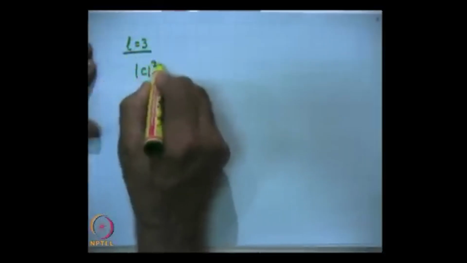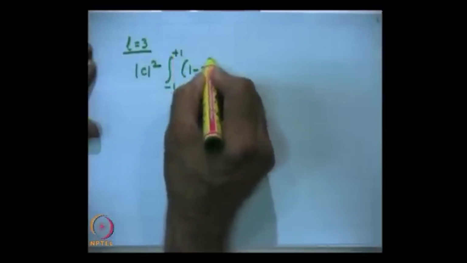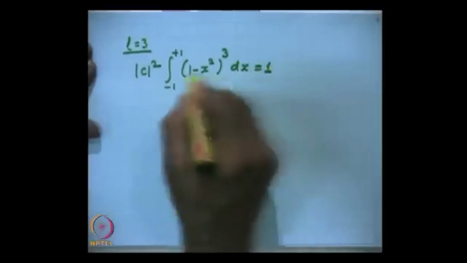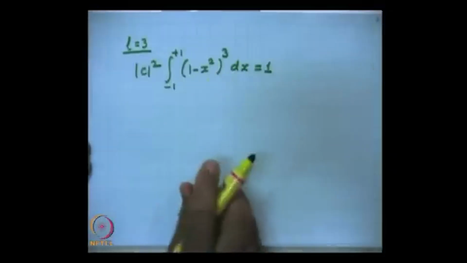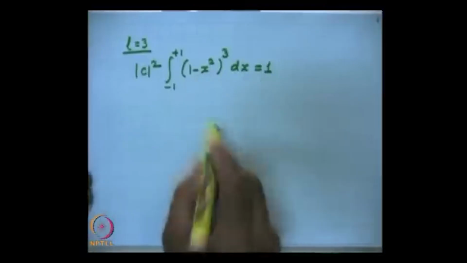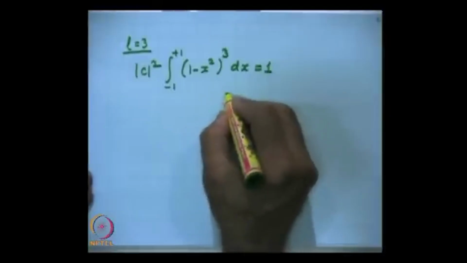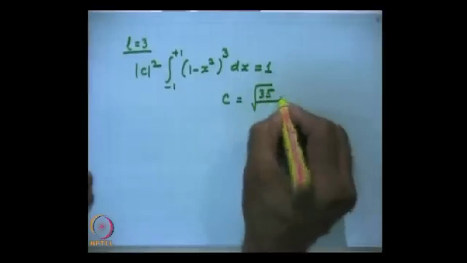Similarly, for L is equal to 3, mod C squared, and you will have the integration from minus 1 to plus 1 of (1 minus x squared) raised to the power of 3 dx is equal to 1. I can immediately expand it: 1 minus 3x squared plus 3x to the power of 4 minus x to the power of 6, and if I do this, then you will get C equal to the square root of 35 by 32.